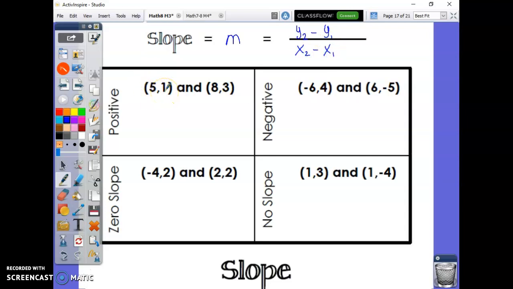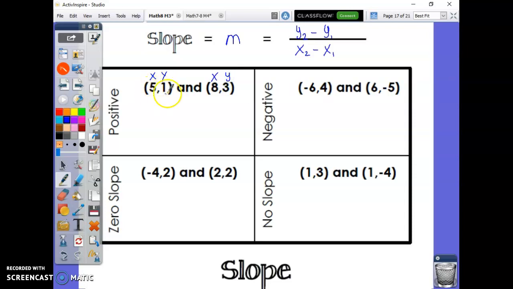Whenever we have an ordered pair, our first number is always an x, and our second number is always our y. So you go along the x-axis 5 units, and then you go up the y-axis 1 unit. Same thing here: the first number represents an x value, and the second number represents a y value.